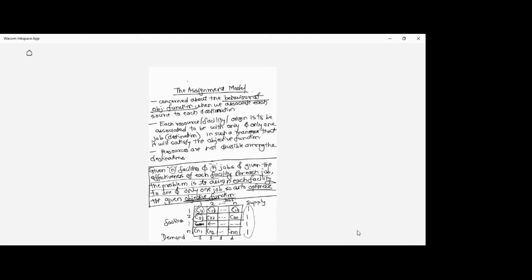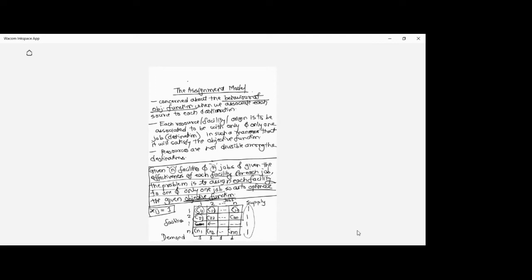The values of Xij across all these cells will remain 1. Cij values are going to change because the effectiveness of each facility for each job is different. But the value of Xij is going to remain 1 only, irrespective of the cell.